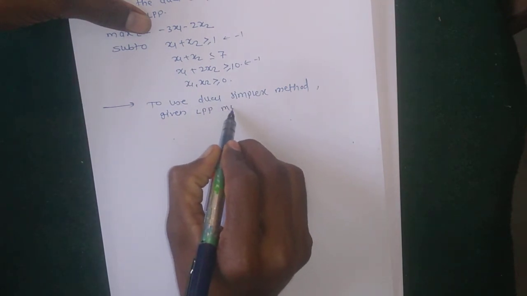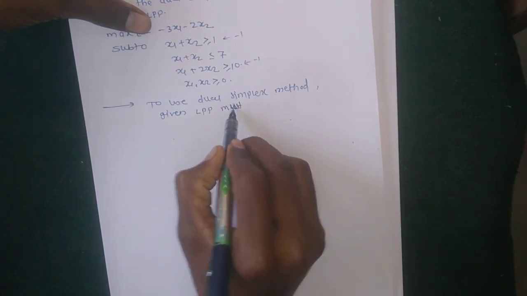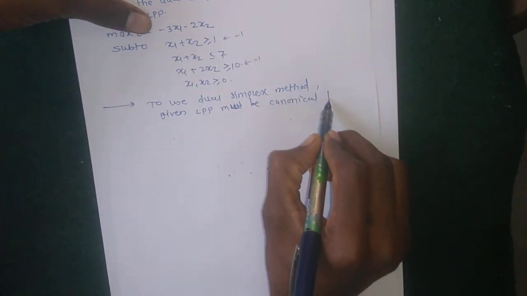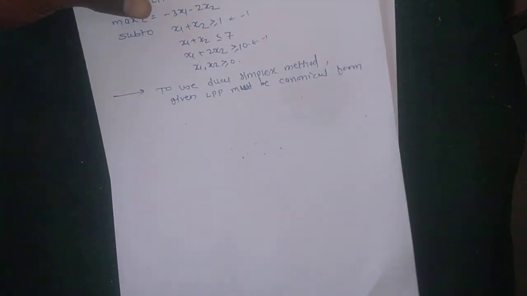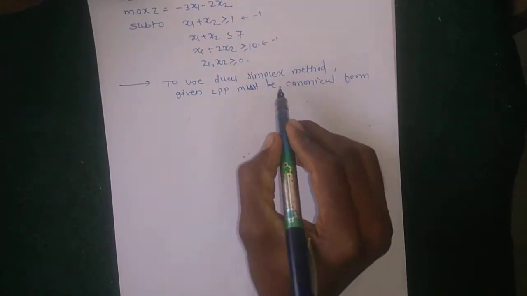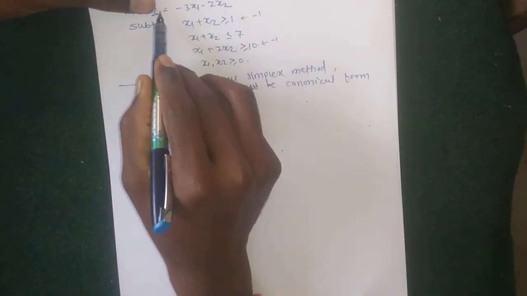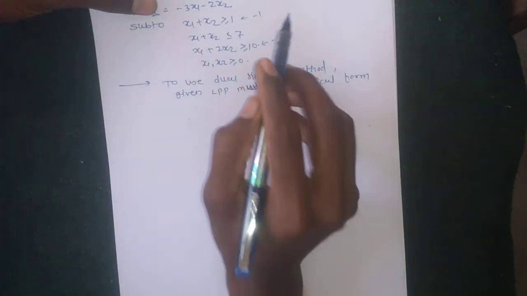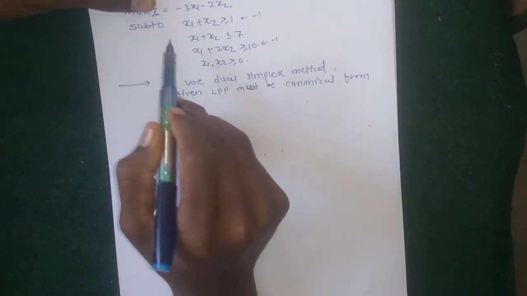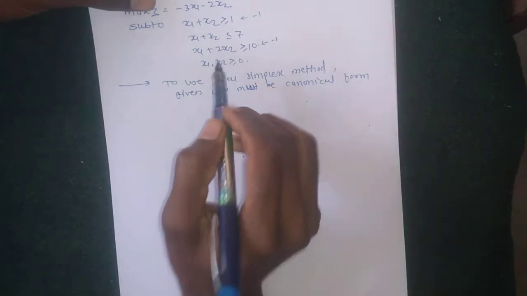So the canonical form is: if the objective function is maximized type, then write all constraints in less equal type, and if the objective function is minimized type, then write all constraints in greater or equal type.